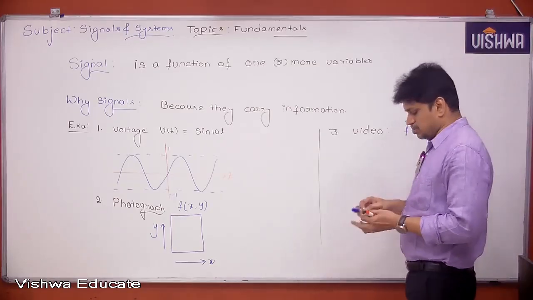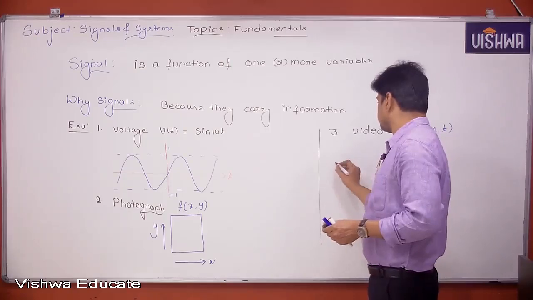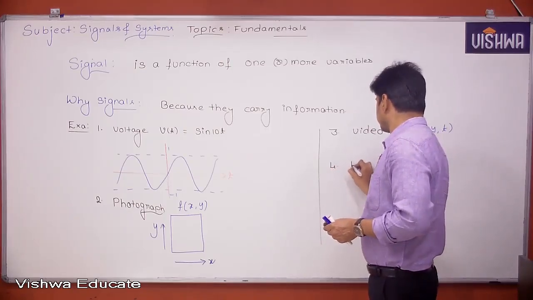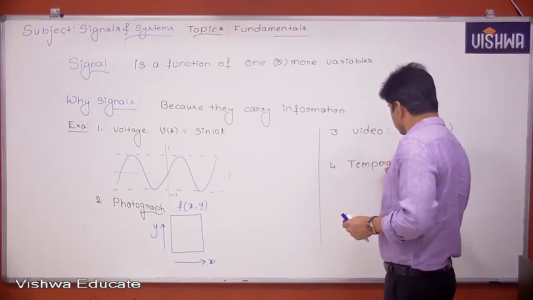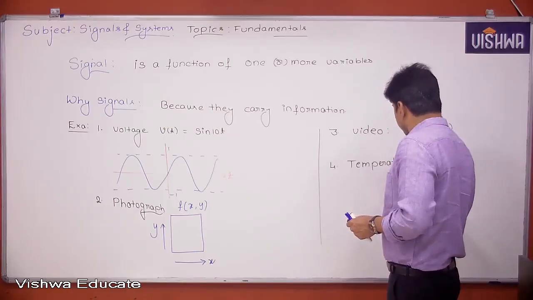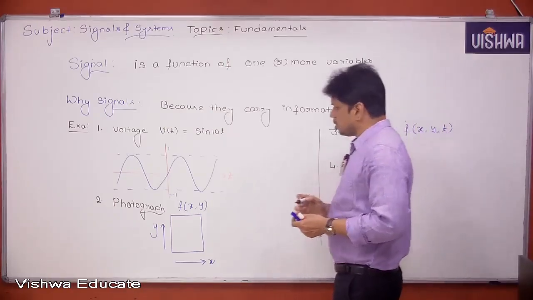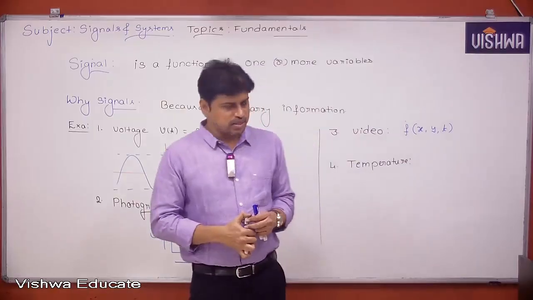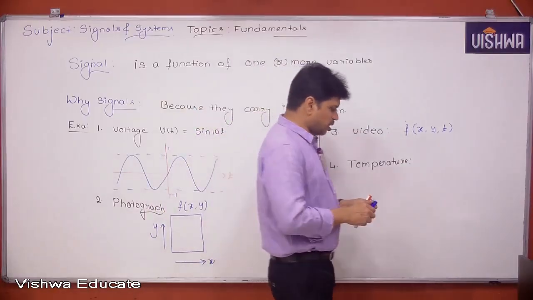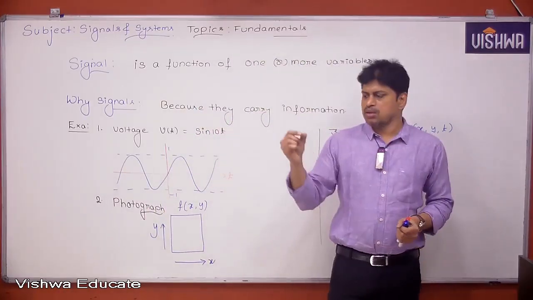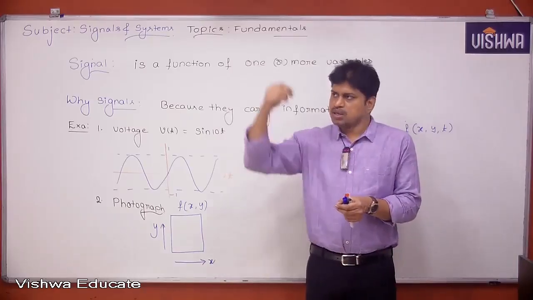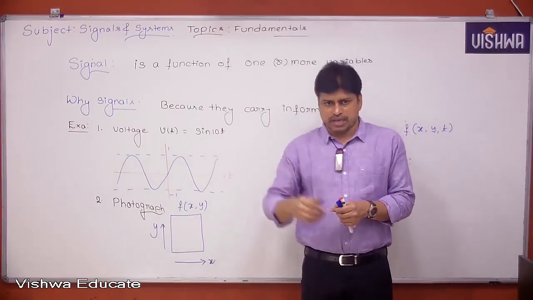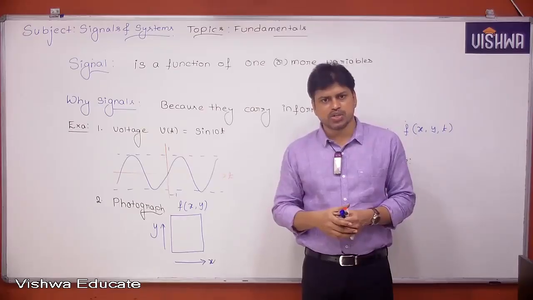Next, another one. Let's say temperature. What about temperature? Temperature is also a signal. In this room, if I take one point, and I take another point somewhere else, definitely the temperature is going to change.